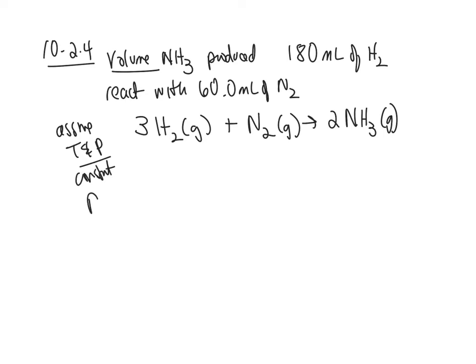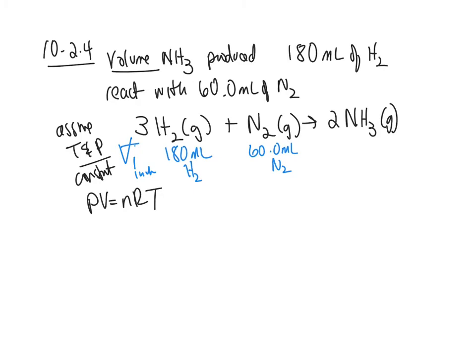Well, you know that you're going to do PV equals nRT because those are our variables. And you have to see that initially, which is V1, you have 180 milliliters of hydrogen and you have 60.0 milliliters of nitrogen. And so these are our volumes.